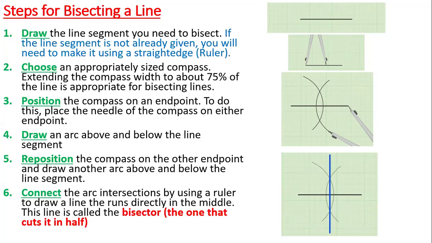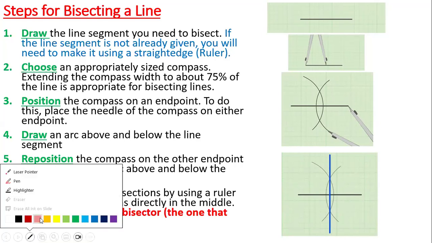This line is called a bisector, the one that cuts it in half. Very good. So the bisector is going to be the line that cuts it in half. That's very important. So this heavy blue line is what we call the bisector.